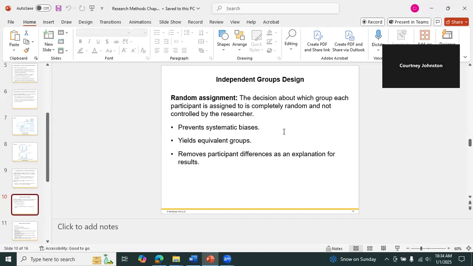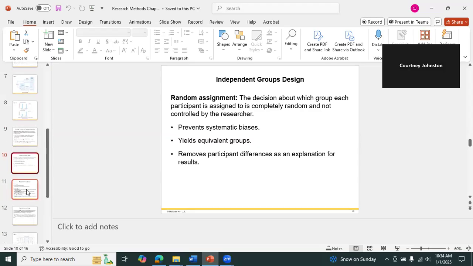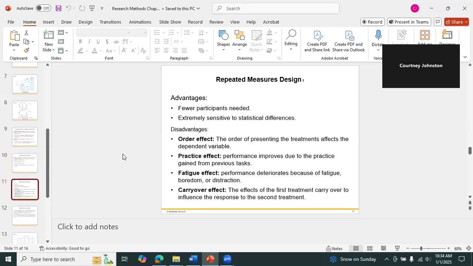It's going to yield equivalent groups because that randomization is going to enhance that equivalency, and it removes participant differences as an explanation for results, thus decreasing bias. So again, that random assignment, the randomization of your sample is going to increase that internal validity, decrease any biases.